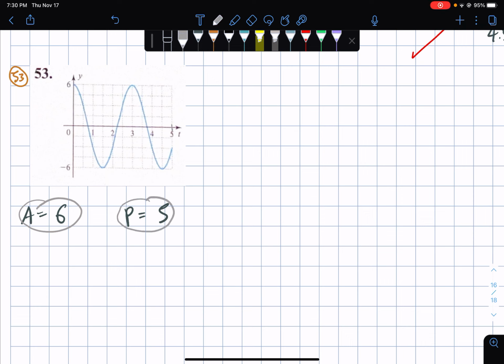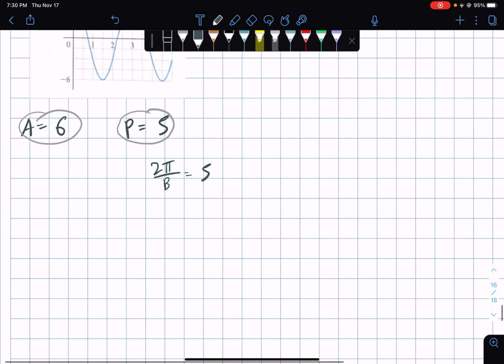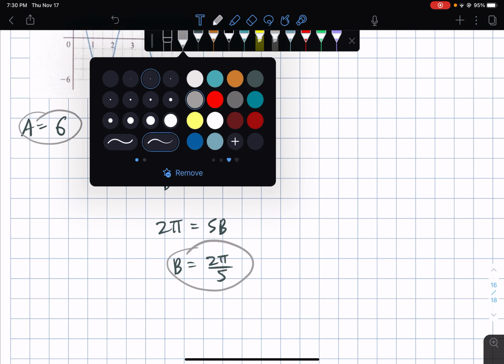It's over here, the t variable at the very right of the graph. And because p is 2 pi over b and it's also equal to 5, let's say 2 pi is equal to 5b. B is equal to 2 pi over 5.